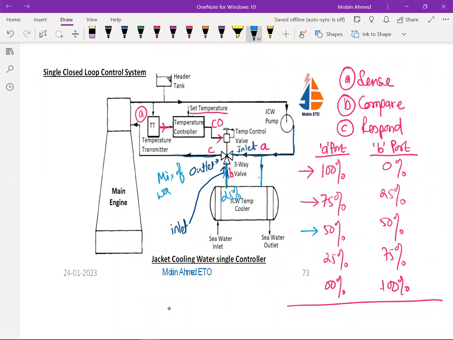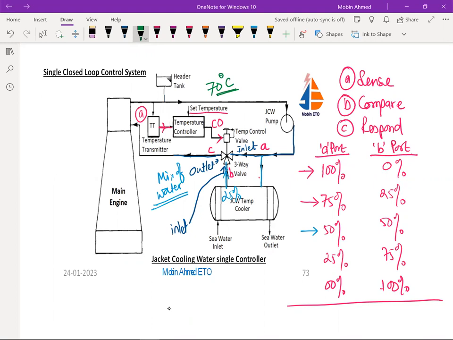Mix of water means there is the circulating water plus the cooled water. And the set temperature generally we keep for jacket cooling water is 70 degrees centigrade. So the outlet of the main engine is supposed to maintain 70 degrees centigrade.